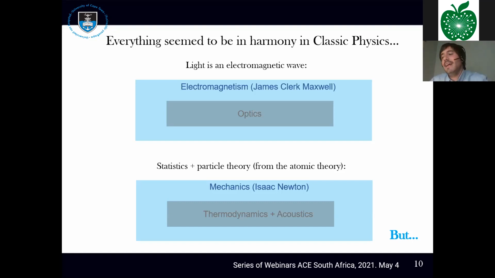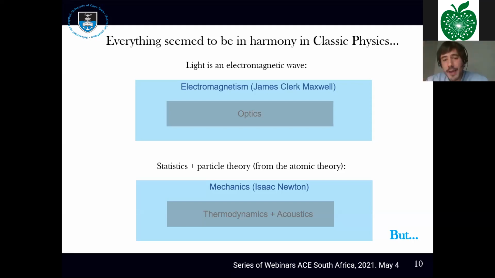It's just that idea that our universe is made up of atoms. So with the help of statistics and particle theory, it was possible to include thermodynamics and acoustics within mechanics, okay? One of the most important scientists in this field is Isaac Newton.